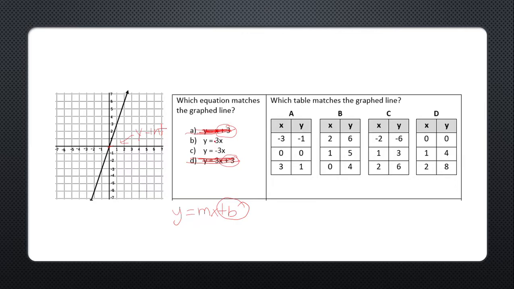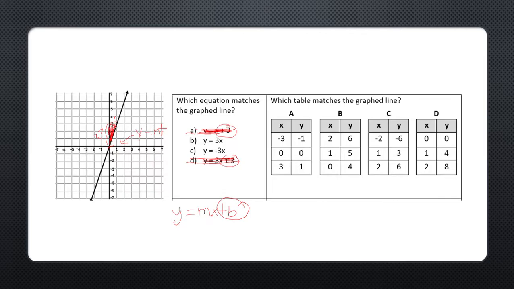So we have to figure out what our slope is. To get from one point on the line to another point on the line, I'm going to use these two as our guide. I'm going to go up 1, 2, 3, and I'm going to go over 1. All right, so that's going to make a slope triangle.